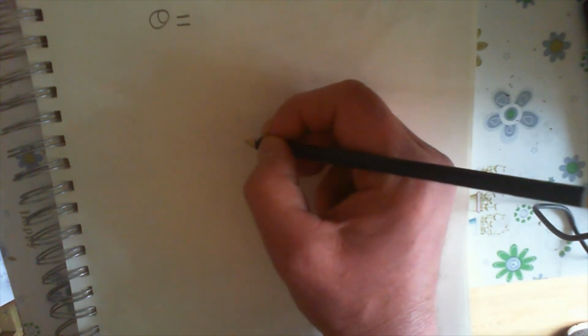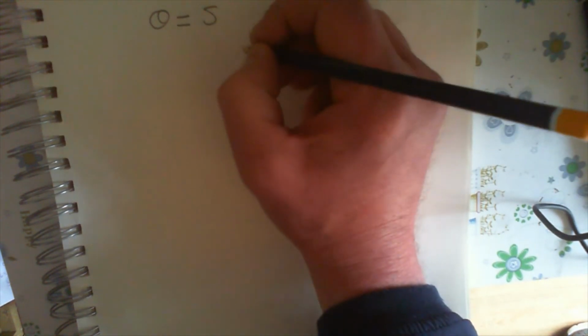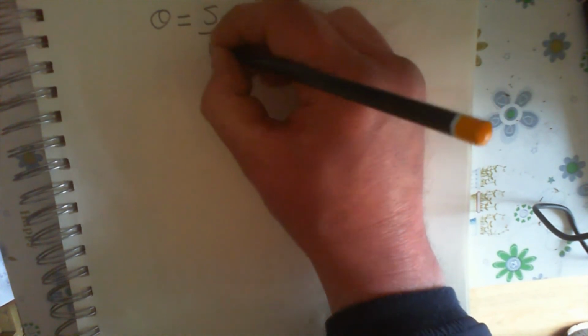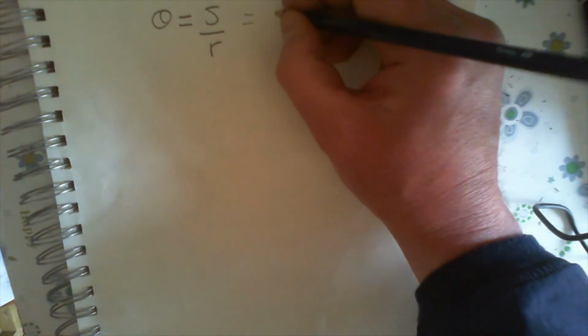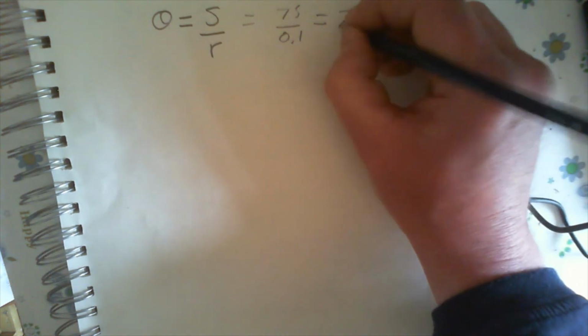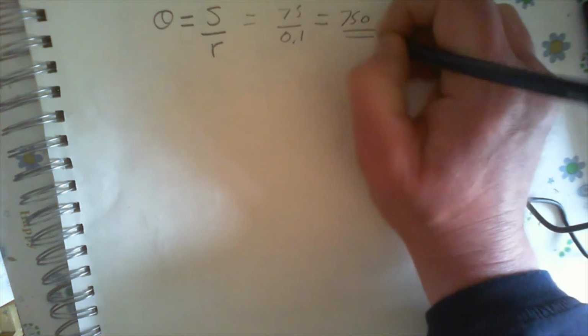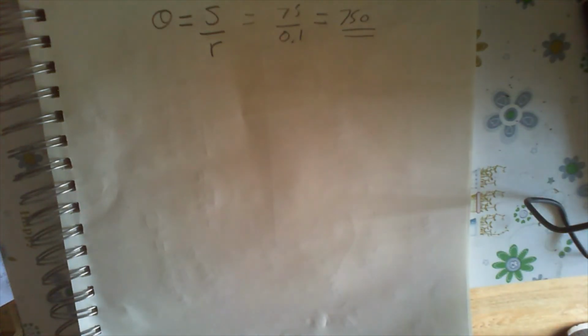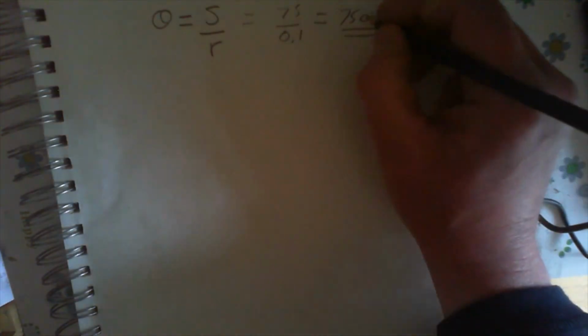So the angular displacement is going to be the distance travelled divided by the radius of the wheel, which is going to equal 75 over 0.1, so that's 750 radians. Yep, that's radians.